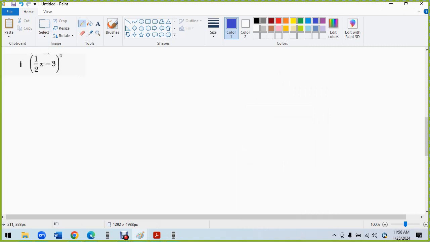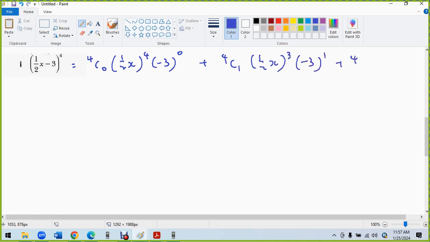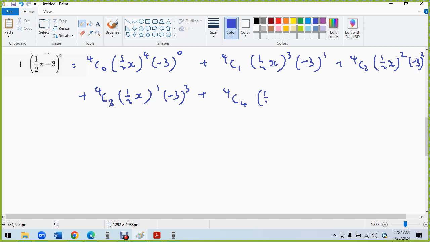So for this one, we can have the 4C0, okay, so we have the half x power 4, negative 3 power 0, 4C1, half x power 3, negative 3 power 1, 4C2, half x power 2, negative 3 power 2, and then 4C3, half x power 1, negative 3 power 3, and then 4C4, half x power 0, and then negative 3 power 4. So we have the 4C0, 1, 2, 3, 4.